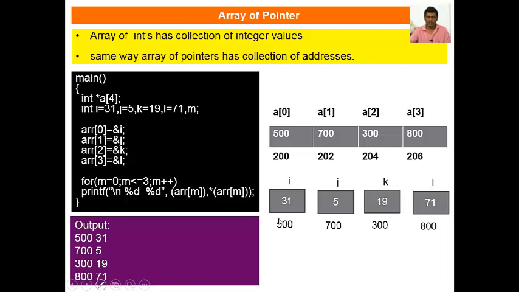So i, j, k, l are individual variables. They are separate variables and do not have continuous memory allocation. So 500, 501 for i; j has a different address, k is different, l is different. It is not a continuous address location.